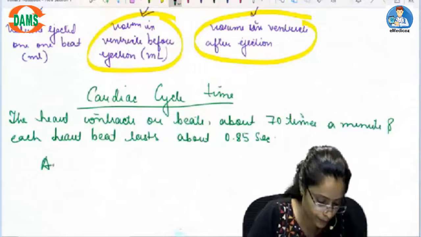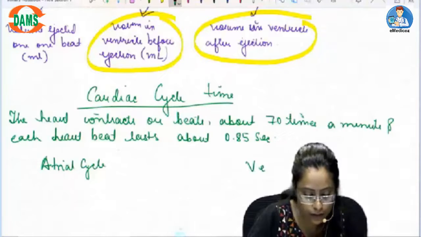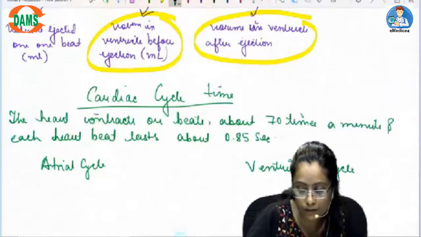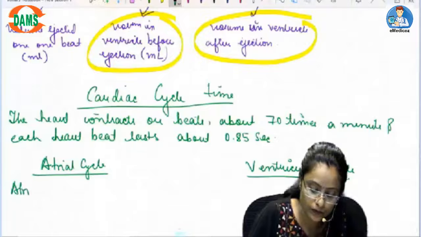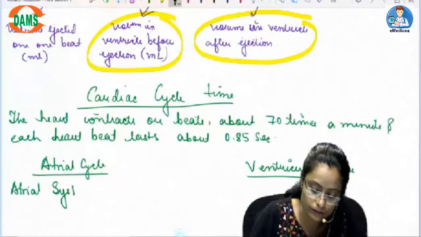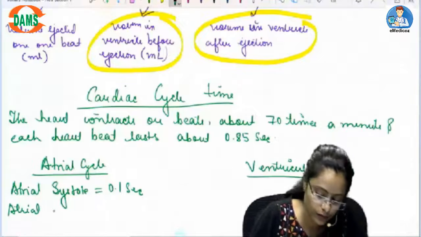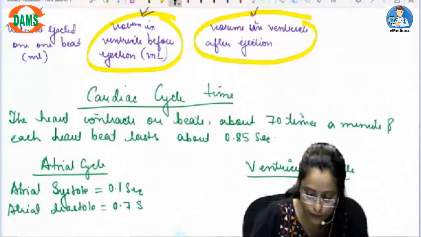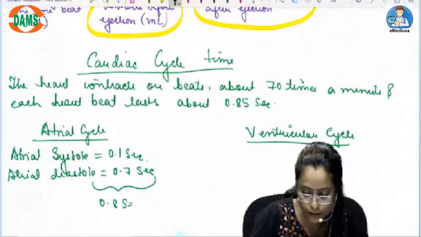Arterial cycle and ventricular cycle. Arterial systole is 0.1 second, arterial diastole is 0.7 second, and this is 0.8 second in total.